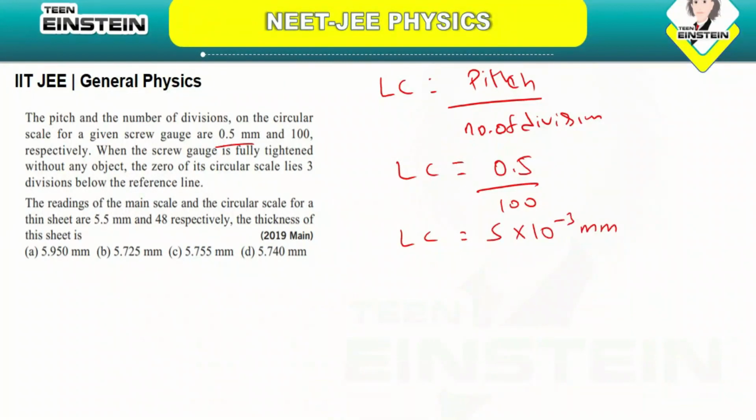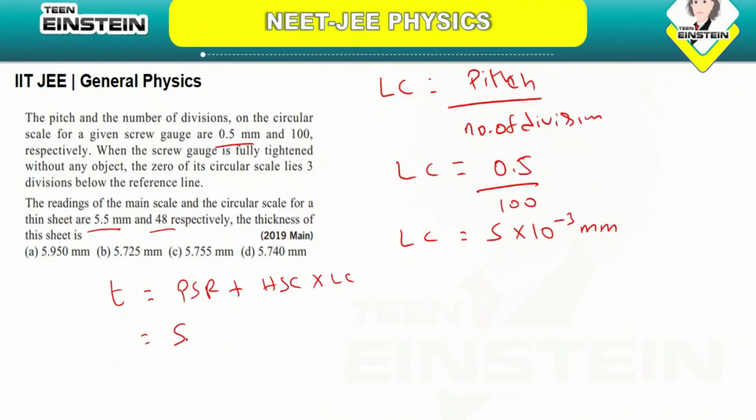Here you want to find the thickness, and they have told you the main scale reading, or pitch scale reading, is 5.5 and the head scale coincidence is 48. As we saw in the first problem, thickness is given by pitch scale reading plus head scale coincidence into least count.